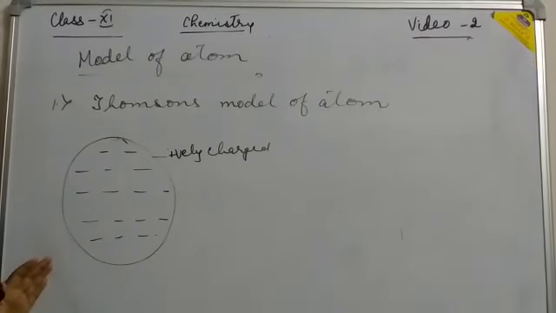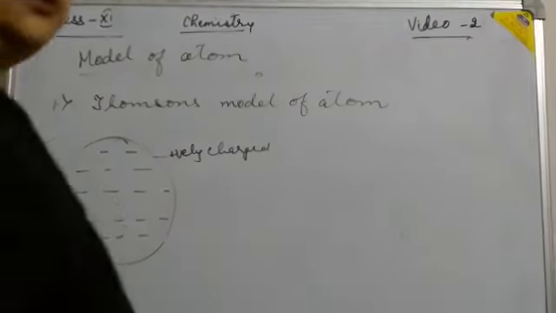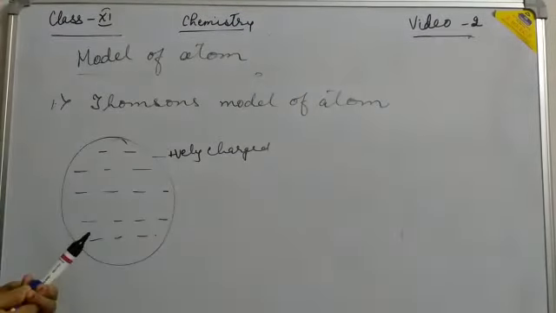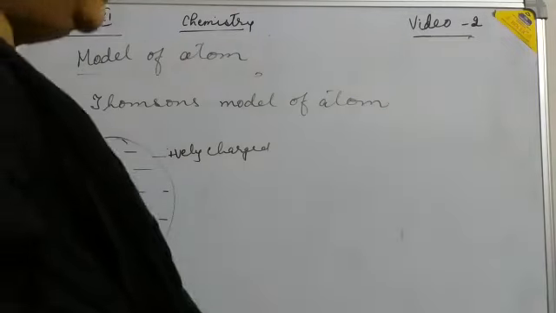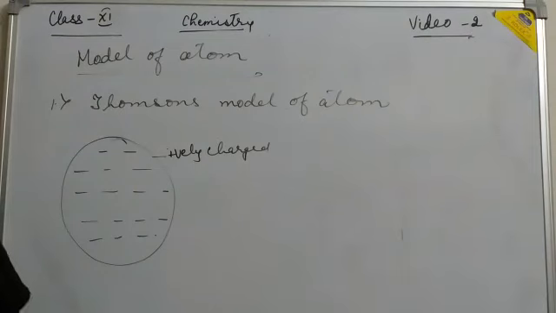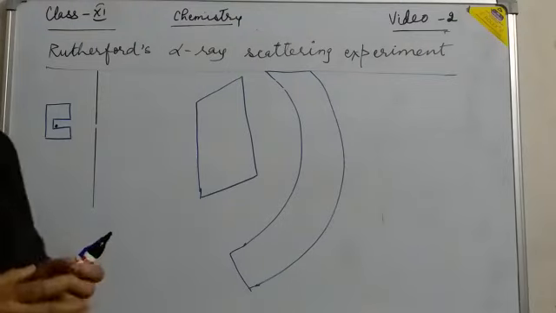To prove this model, Rutherford did a renowned experiment, that is the alpha ray scattering experiment. In the alpha ray scattering experiment, a source of alpha ray is used by Rutherford. This is the experimental setup of Rutherford alpha ray scattering experiment.